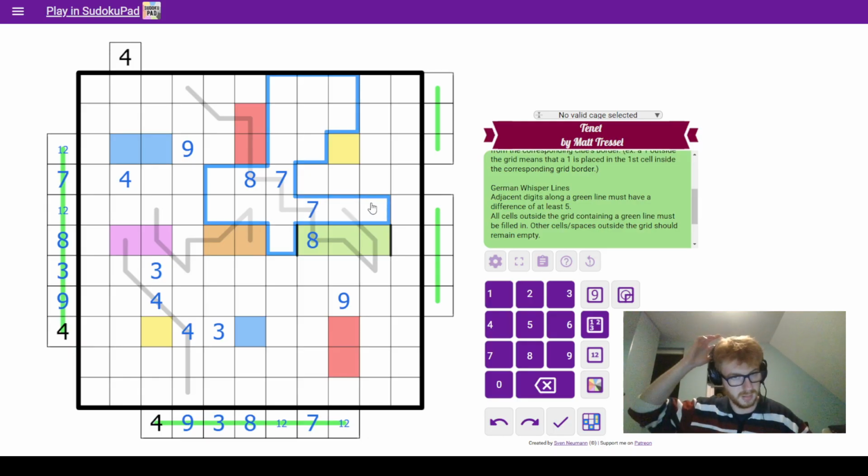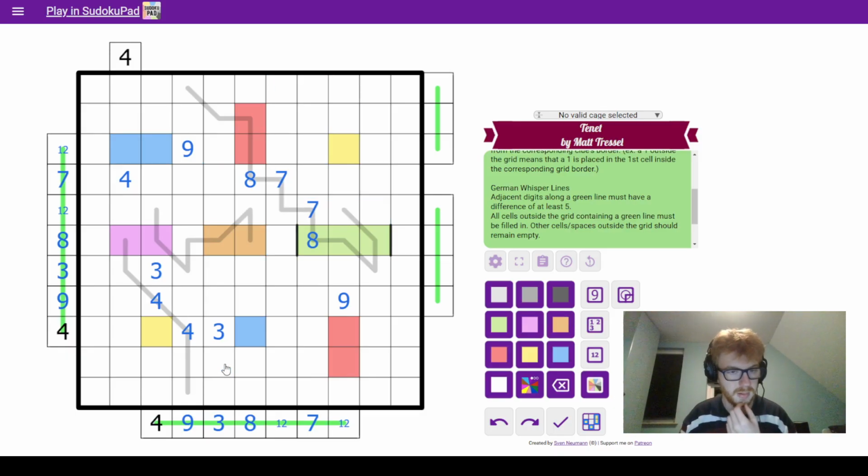I don't see why not. I cannot see a reason. Okay. So this is either blue or yellow. I want to force either purple or blue down.